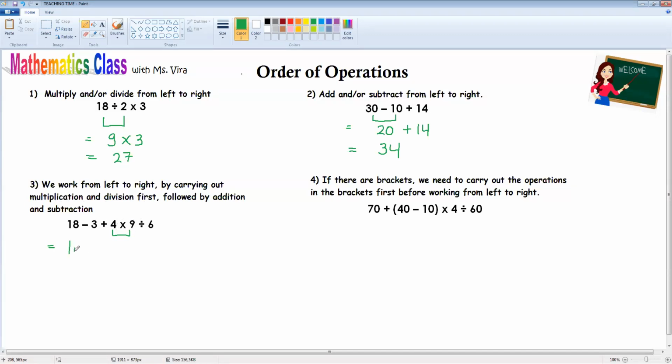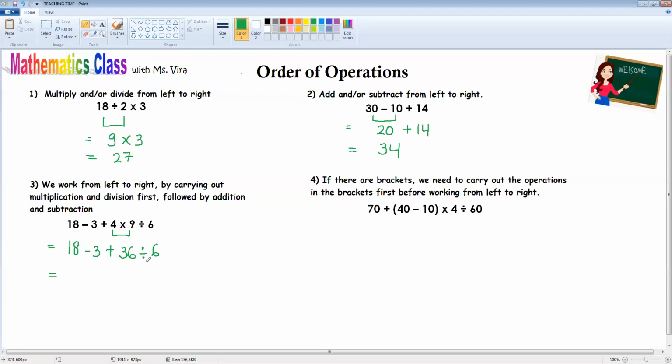So we write 18 minus 3 plus 4 times 9, 36, and then divided by 6. See this one, it's subtract, add, and divide.